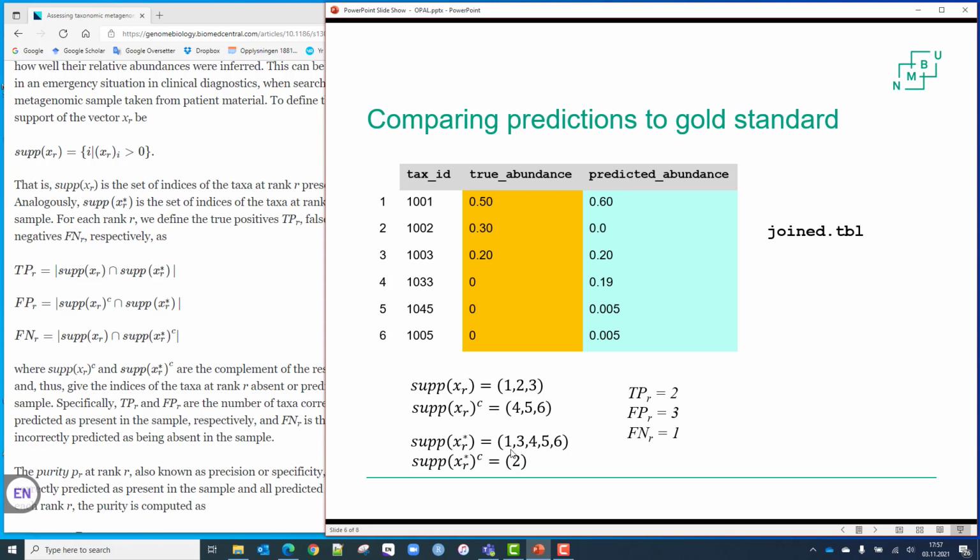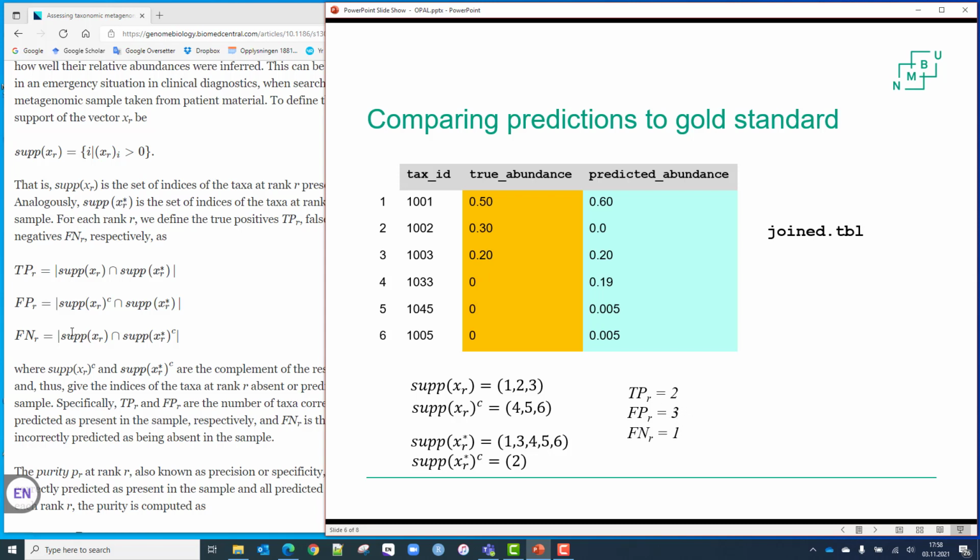And the same down here, right? Here is the support, and the complement is then the elements which are not in the support. So if you take the intersection between the complement of the gold standard support and the support of the prediction, that means the intersection between this set and this set, and you can see 4, 5, and 6 are in both. So the size of that intersection is 3.